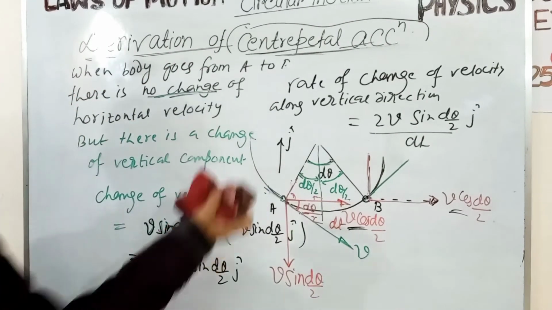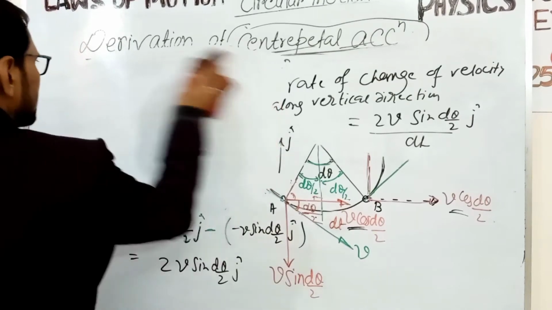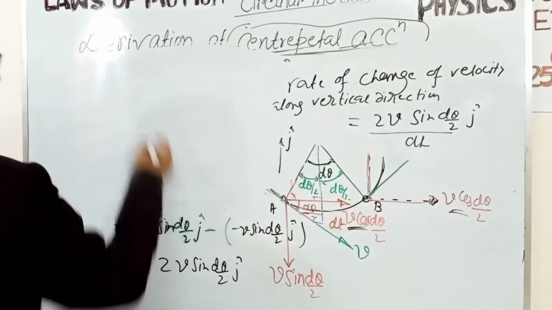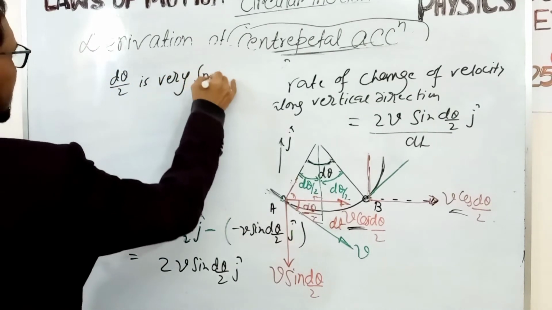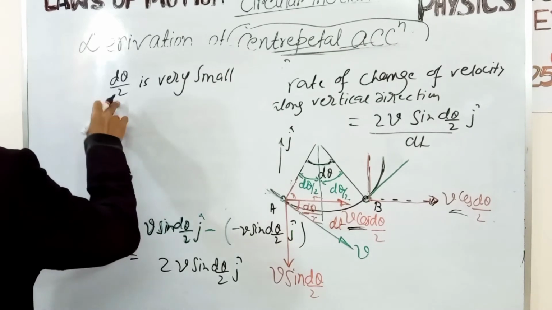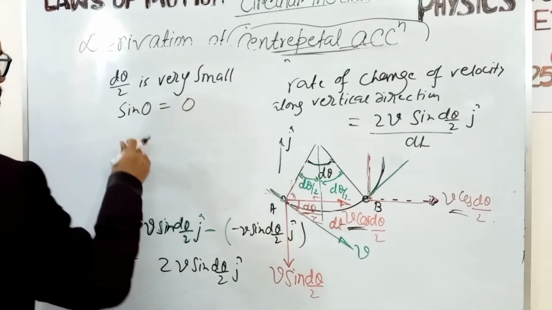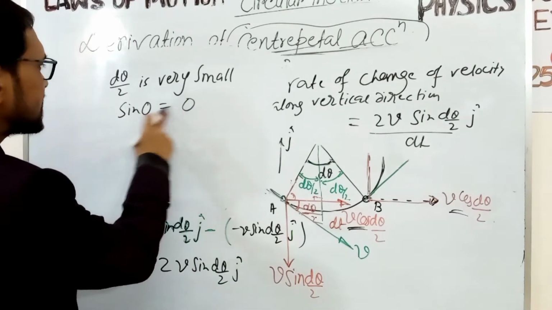What value does it come to? Now we take dθ as very small. We know if theta is very small, sin theta equals theta, because sin 0 equals 0. So if this angle is small, then sin theta equals theta.